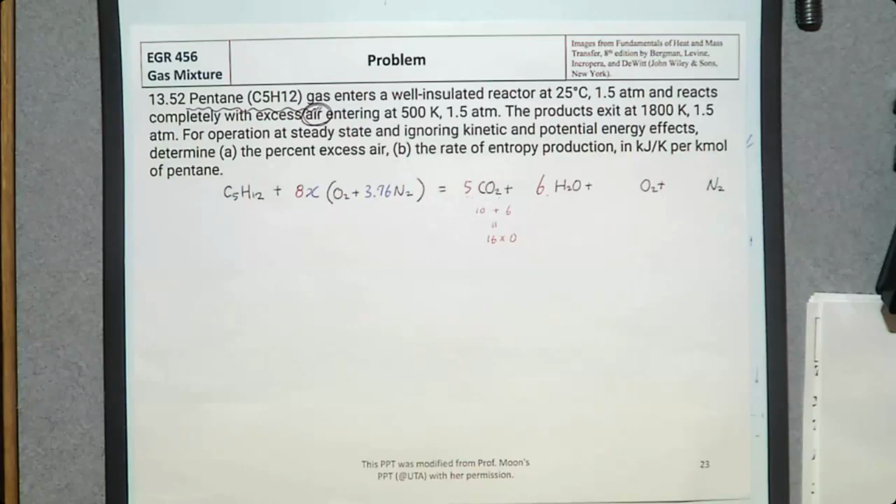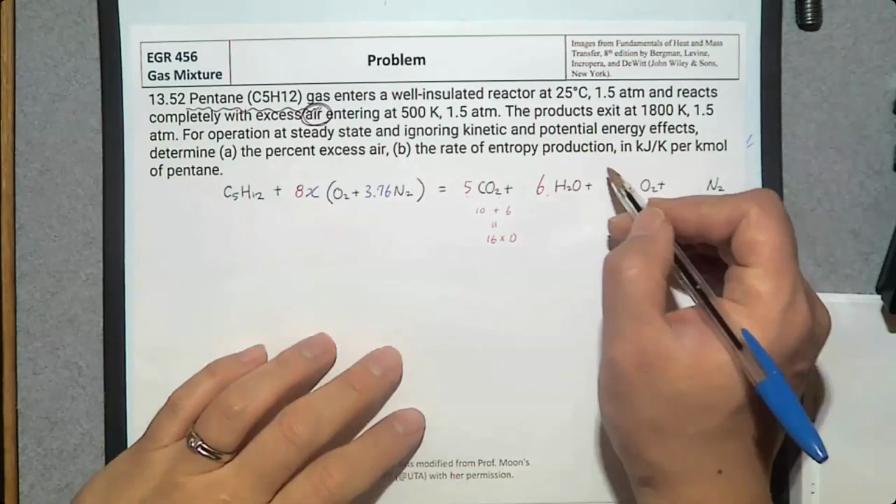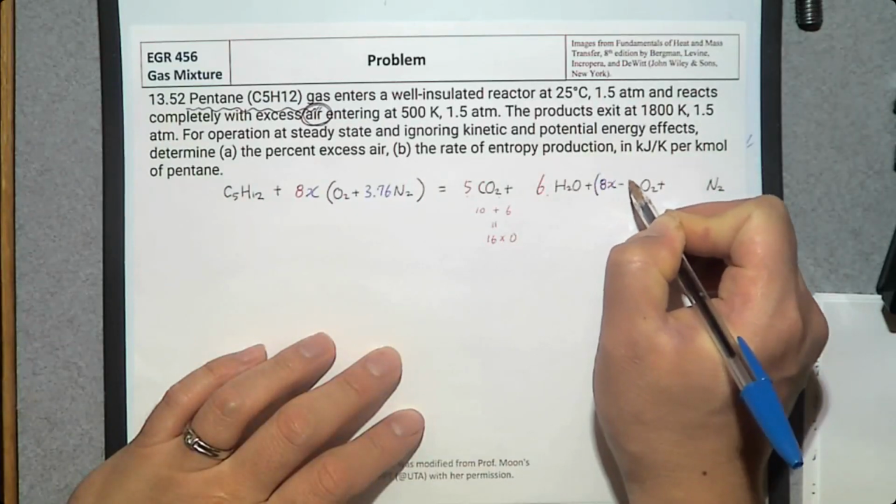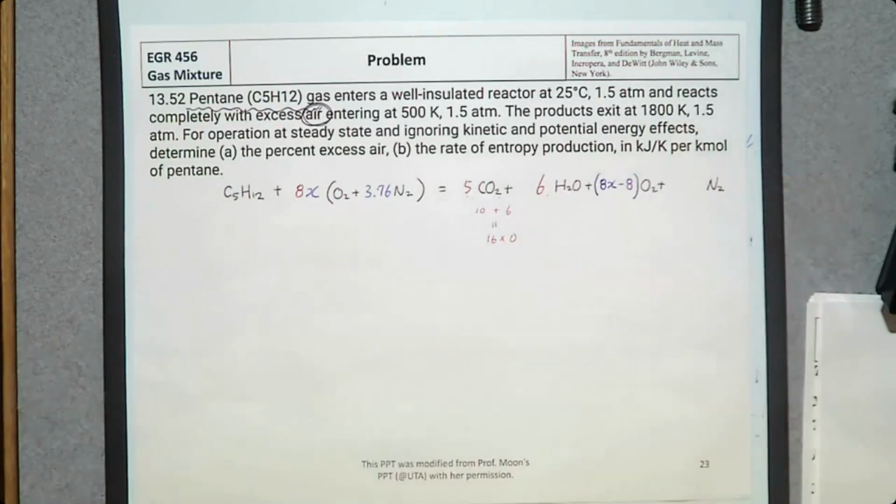So the remaining oxygen is going to be 8 times X minus the required oxygen, 8 times X minus 8. 8 times X minus 8 is the remaining oxygen in the product, because 8 of them have been used to create carbon dioxide and water. So the remaining oxygen is going to be 8 times X minus 8.